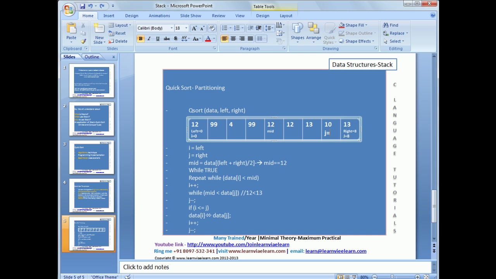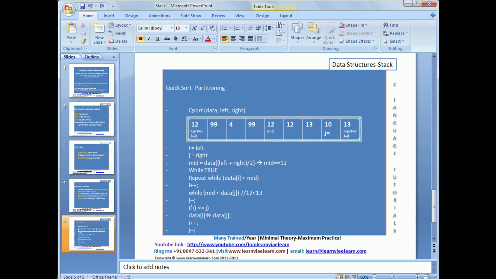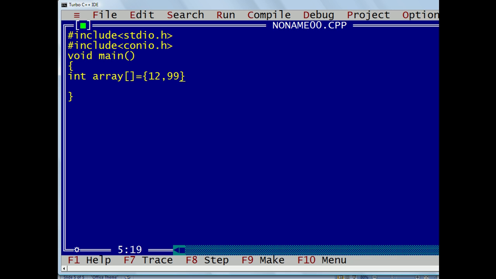So the value of my array would be 12, 99, 4, 99, 12, 12, 13, 10, 13.